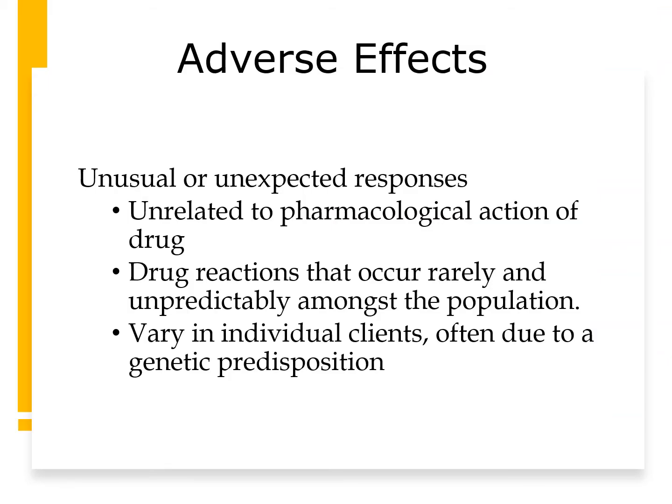Okay, so the next slide, adverse effects. So, an unusual or unexpected effect. It's often not related to how the drug works, right? For example, when we go back to ciprofloxacin and tendon rupture, that's not how ciprofloxacin kills bacteria to treat, say, a bladder infection or a kidney infection or a pneumonia.